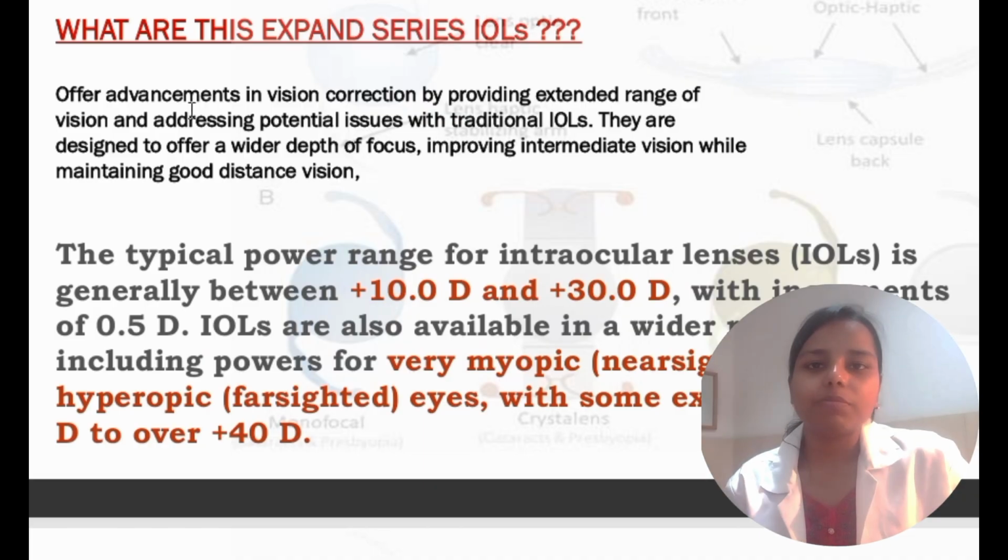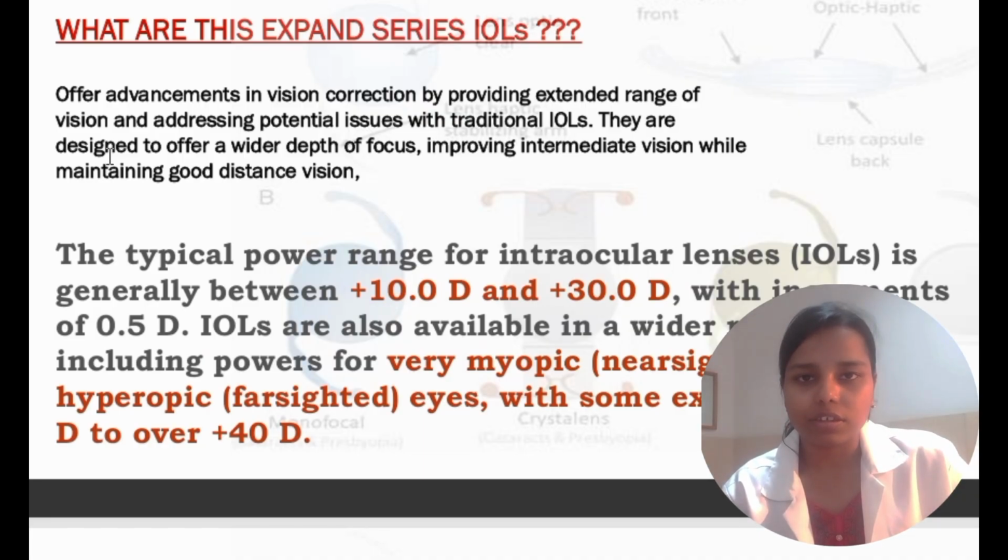Just like the trial lenses we have in 0.25 and 0.5 steps, the implantable lenses which we give to patients after cataract surgery come in a range between 10 diopter and 30 diopter in plus.